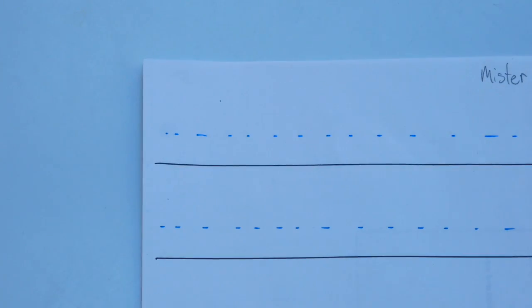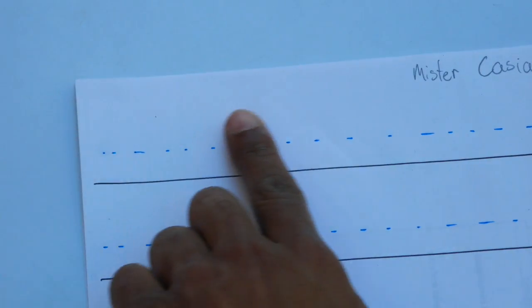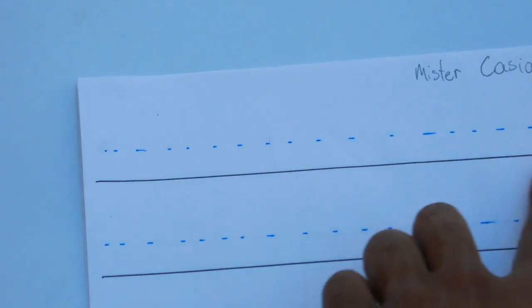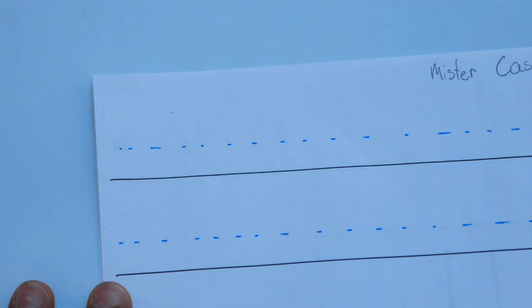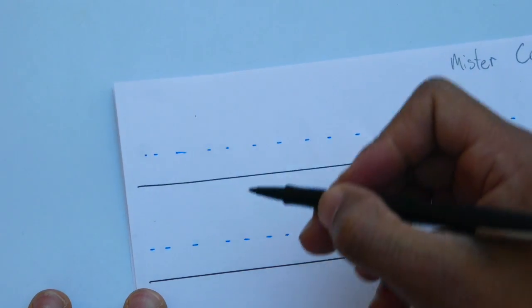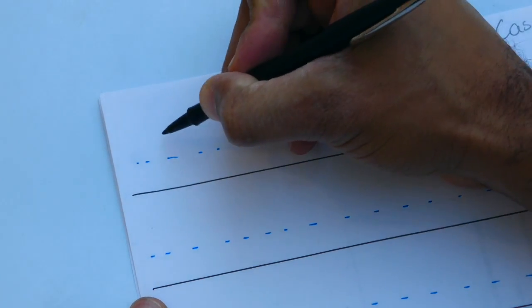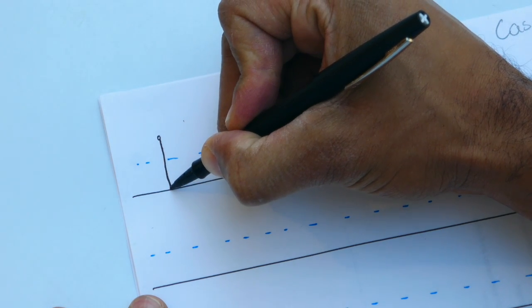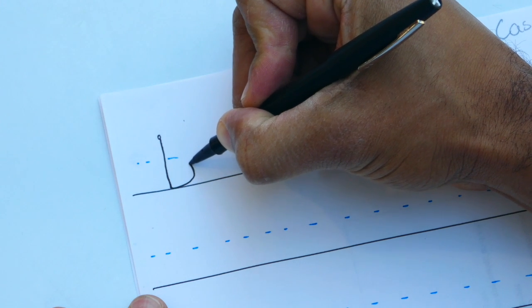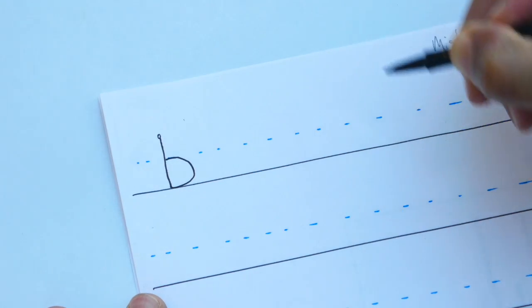So for the letter B, the way you're going to trace it, remember we always start from this side to that side. That's how we read, the same direction. So to make a small letter B, we're going to start in the sky. We start here and we go took, and without lifting our pencil, path.